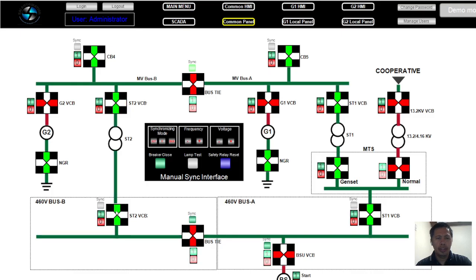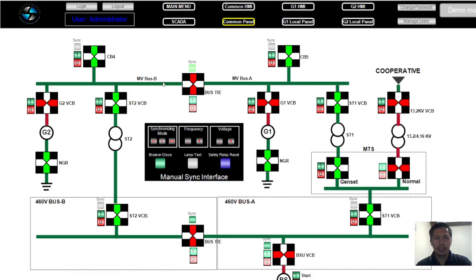Okay, as we can see, both 460 bus A and bus B are live. But there's a bus tie here, as you can see. We can try to close this, but there's a protection here because both buses are live.